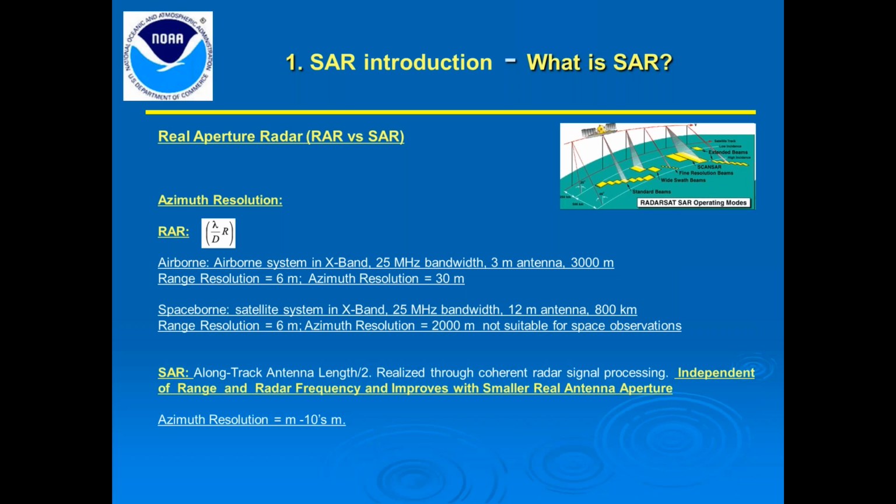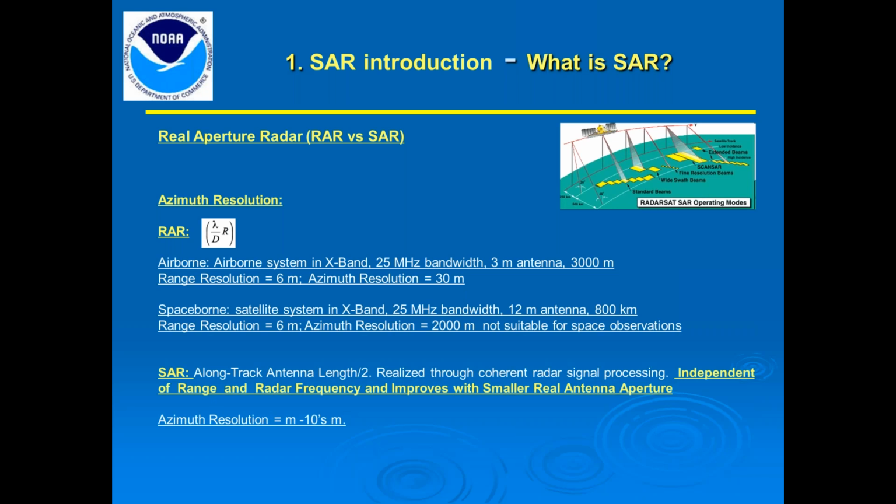However, if we move to space, you put a large antenna, like a 12-meter antenna, a huge one, on a sun-synchronous orbit, you still get the same range resolution, but azimuth direction resolution is very, very poor. It's 2 kilometers. So that's not really suitable for the detailed observation we plan to achieve.